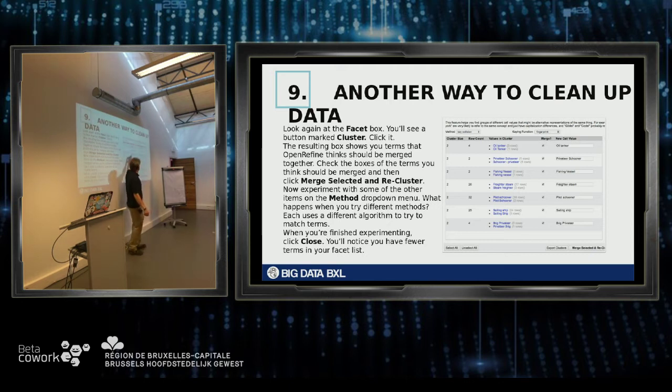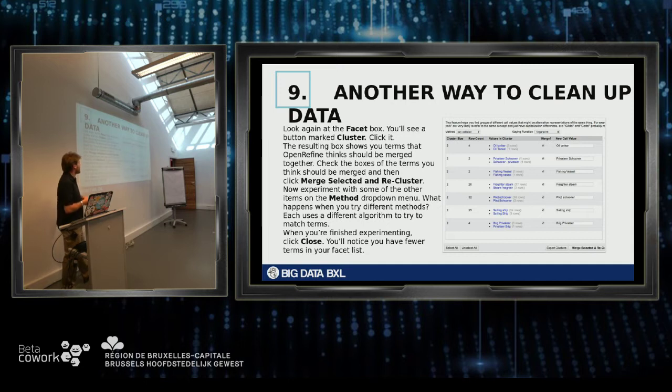It may be more than two, and it may be just one in case there isn't a value that's similar to anything else. So it's just looking at slight changes in spelling, or slight changes in the order of words, or in capitalization. And there's actually a bunch of methods that you can use which are more flexible or more rigid.